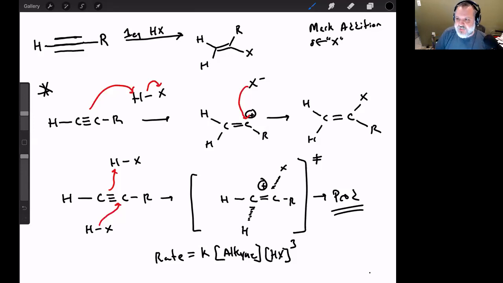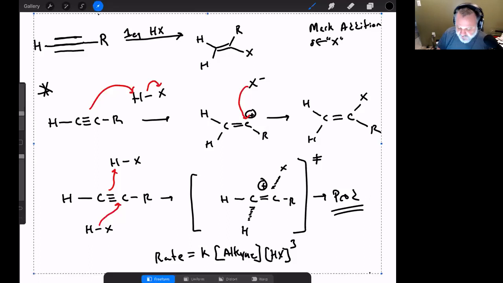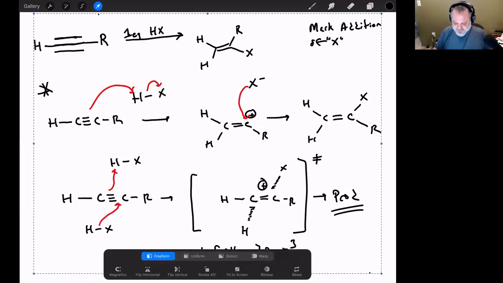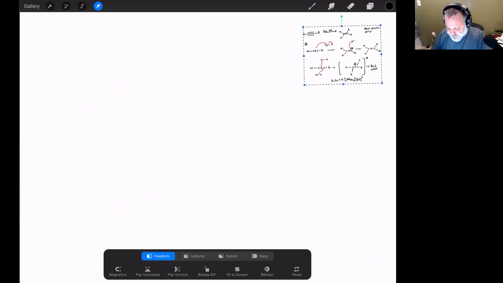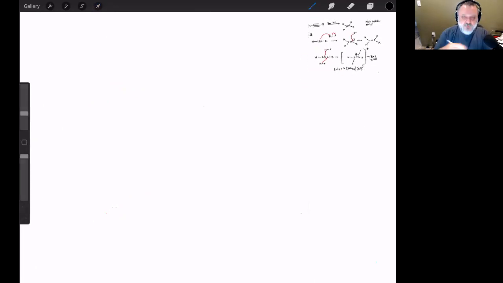So you know that the Markovnikov addition is what's going to proceed forward, and you're going to get the X added to the more substituted location. That's so similar to the reaction for alkenes that there's really nothing new going on other than the fact that it's operating on an alkyne.